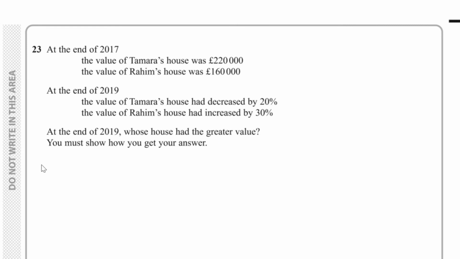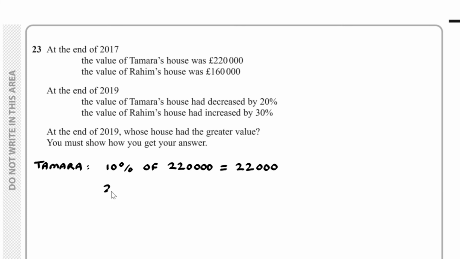Now let's first of all take a look at Tamara. We need to work out 20% of 220,000 and then subtract that value from 220,000. Now it's easier if we begin with 10%. 10% of 220,000, that's equal to 22,000.